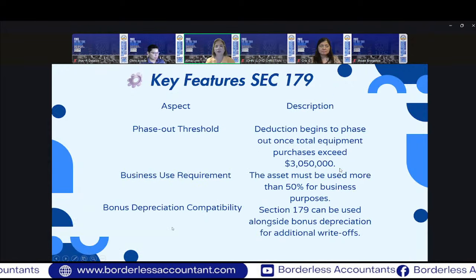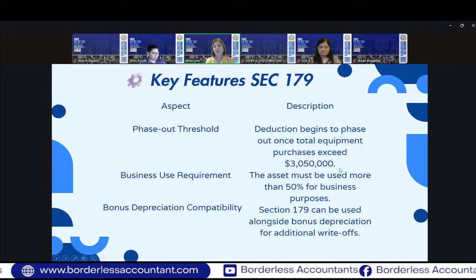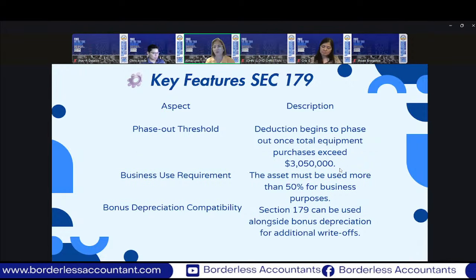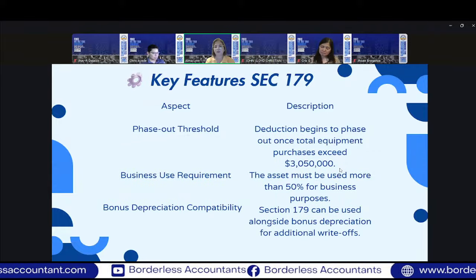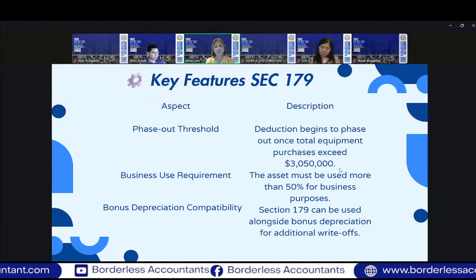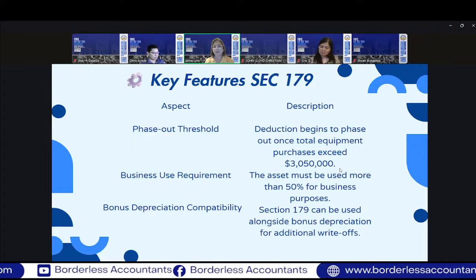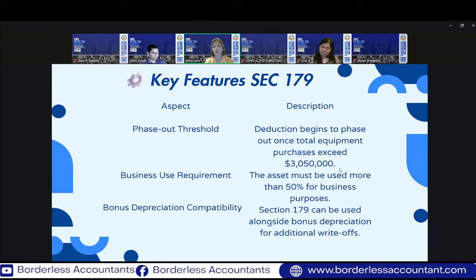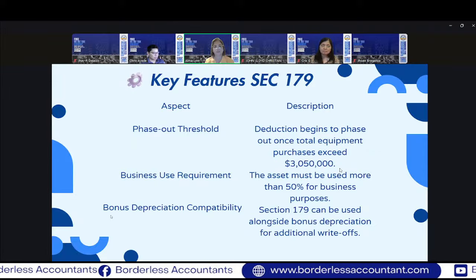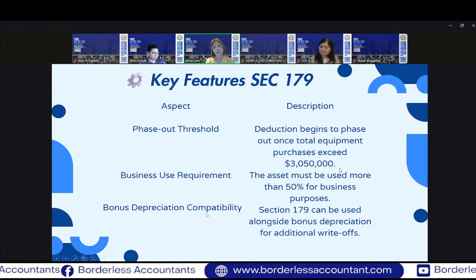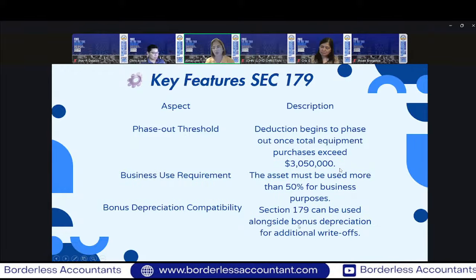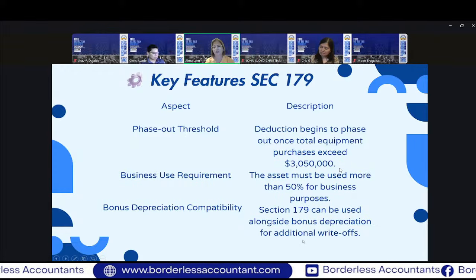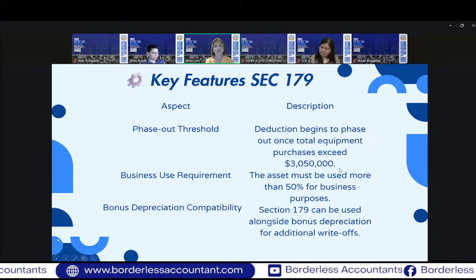Phase out threshold: the deduction begins to phase out once total equipment purchases exceed $3.05 million. Business use requirement: the asset must be used more than 50% for business purposes. Bonus depreciation compatibility: Section 179 can be used alongside bonus depreciation for additional write-offs.